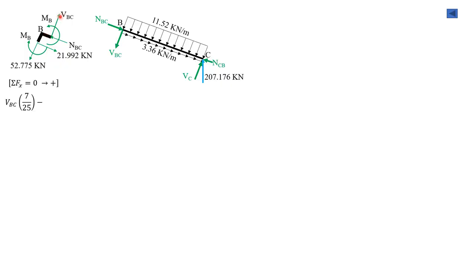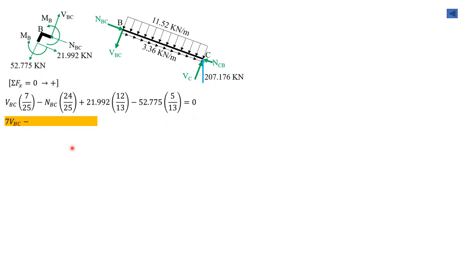Then plus 21.992 times cosine of theta 1, which is 12 over 13, then minus 52.775 because this is going to the left. Sine of theta 1 is 5 over 13 equals 0. Simplifying, 7 V sub BC minus 24 NBC equals 0. Call that equation 1.